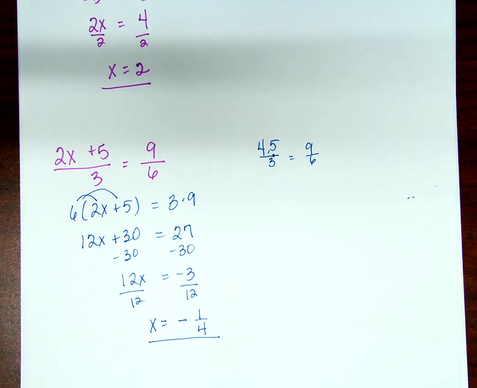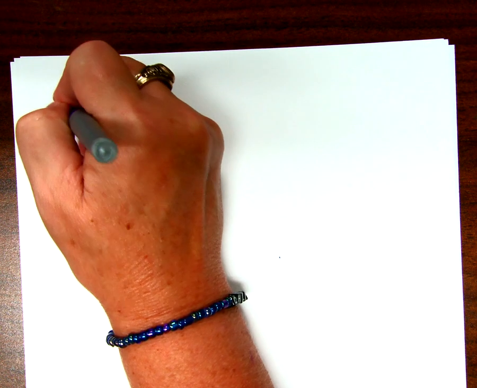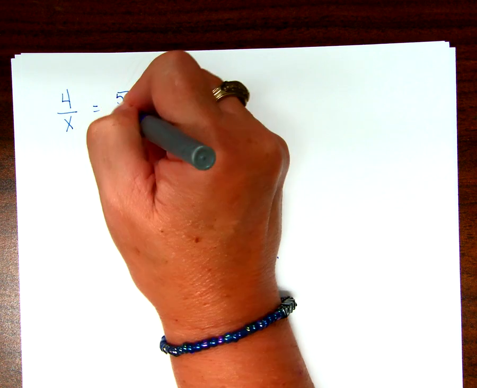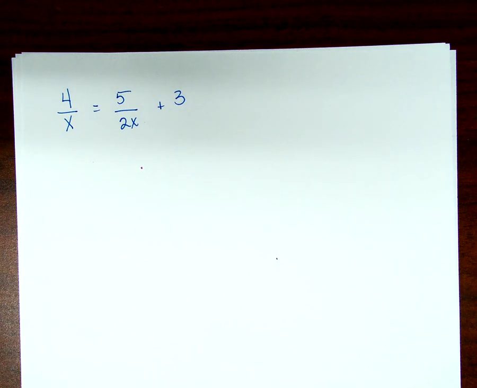So what happens if it's not just two fractions set equal to each other? What if it looks more like this? 4 over x equals 5 over 2x plus 3. This is the one where we really do have to find a common denominator and multiply by that, right?